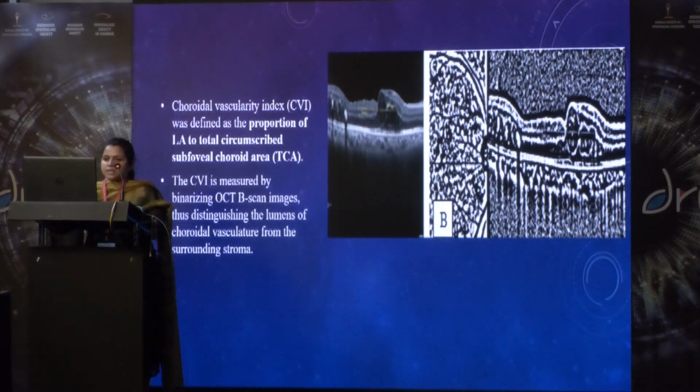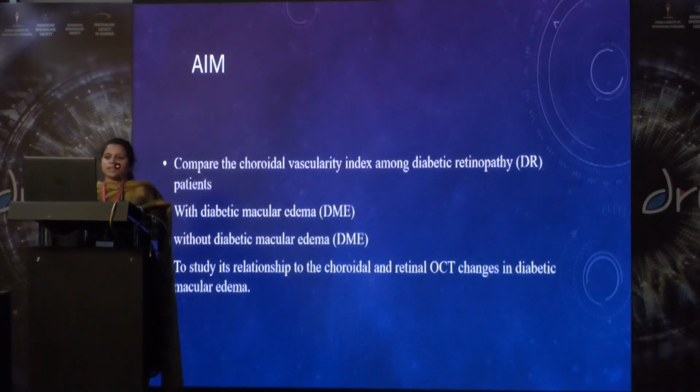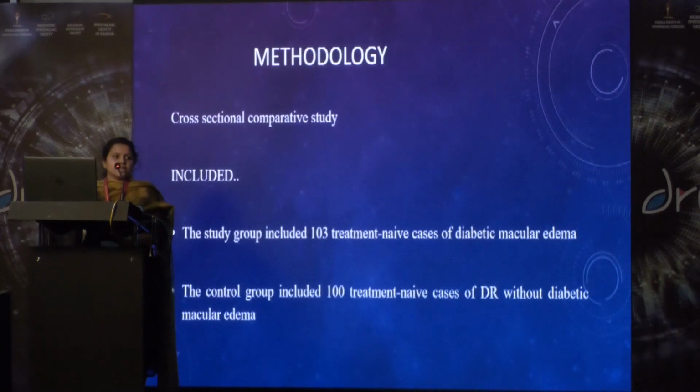And the aim of our study was to compare the choroidal vascularity index among diabetic retinopathy patients with diabetic macular edema and without diabetic macular edema, and also to find the influence of choroidal vascularity index on various retinal and choroidal OCT biomarkers in diabetic macular edema.